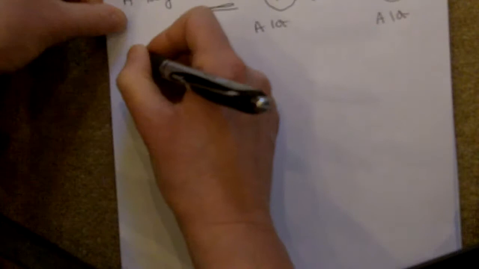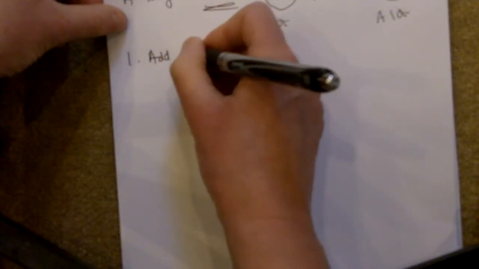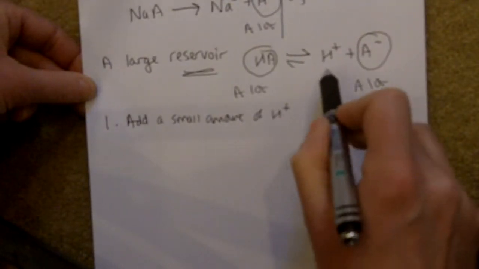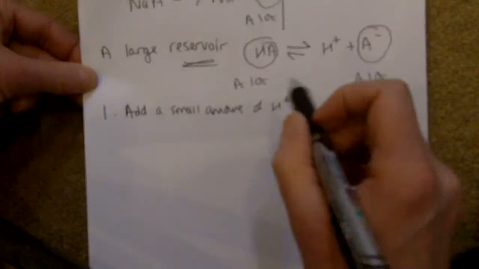So if you add an acid, and it only works for small amounts. If you add a lot of acid, it won't work. Add a small amount of acid. Okay? If you add a small amount of acid, the acid concentration here is going to increase. Yeah?